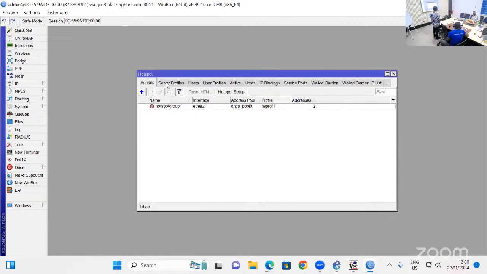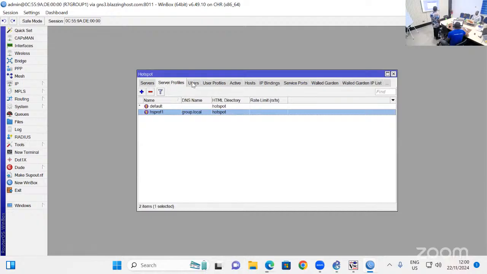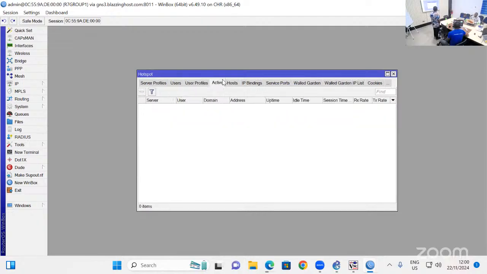Your time is up. Right, we're good to go. I'm looking at the configuration and I even did the IP binding, so you bound the MAC address of that computer of the Firefox. Yes. That's why now. When I tried yesterday, it wasn't working.